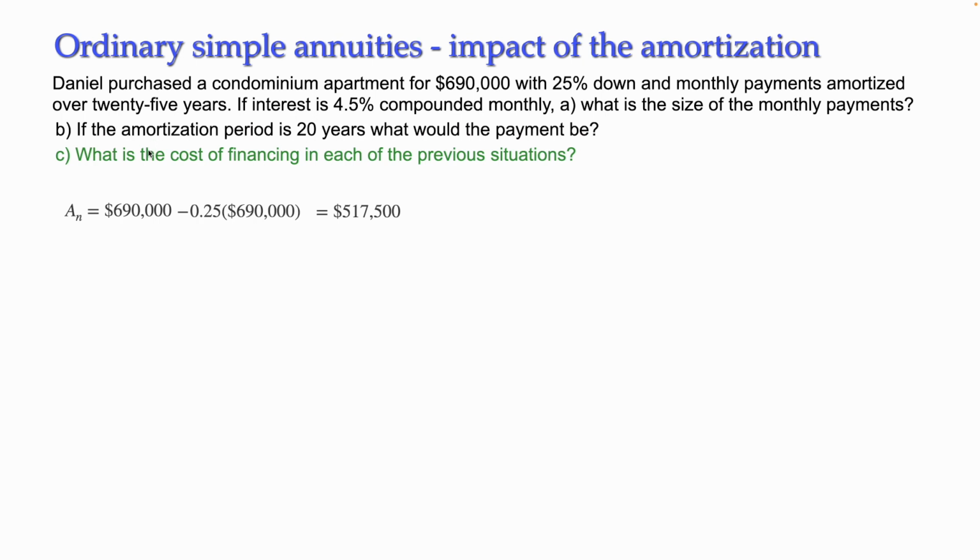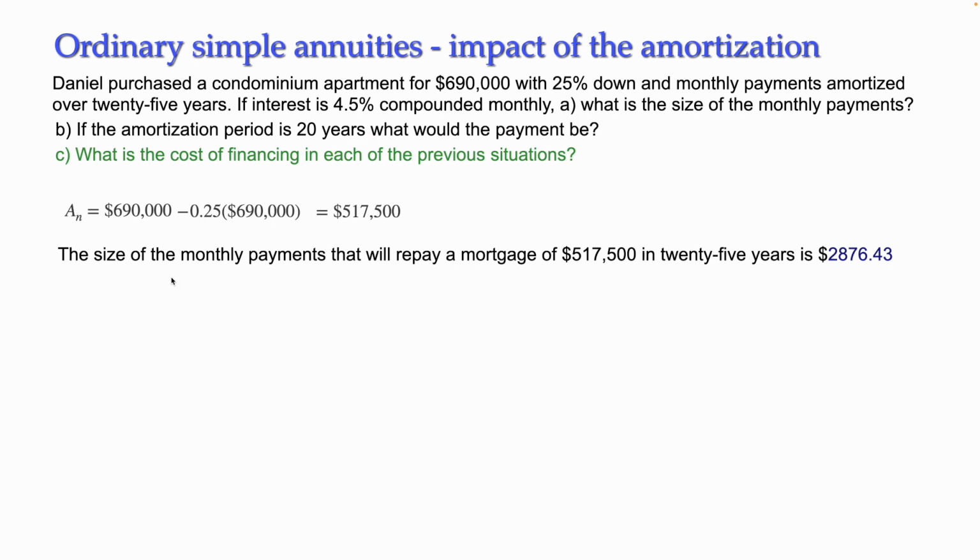Okay, for answering question C, what is the cost of financing in each of the previous situations? In the first situation, the size of the monthly payment that will repay a mortgage of $517,500 in 25 years is $2,876.43. The cost of financing is actually the interest that you have paid. So compute the interest. In 25 years, remember there are 300 monthly payments.